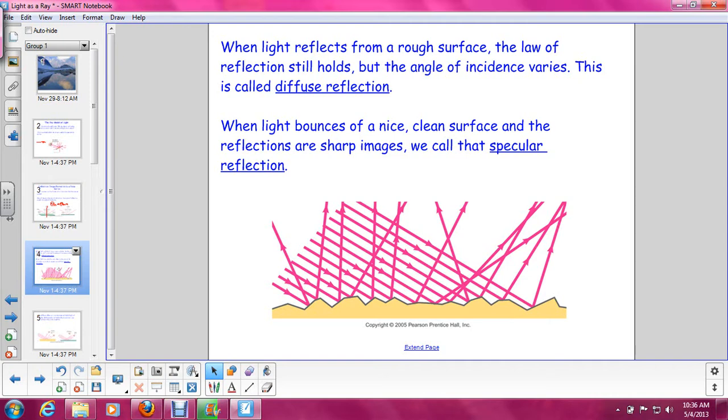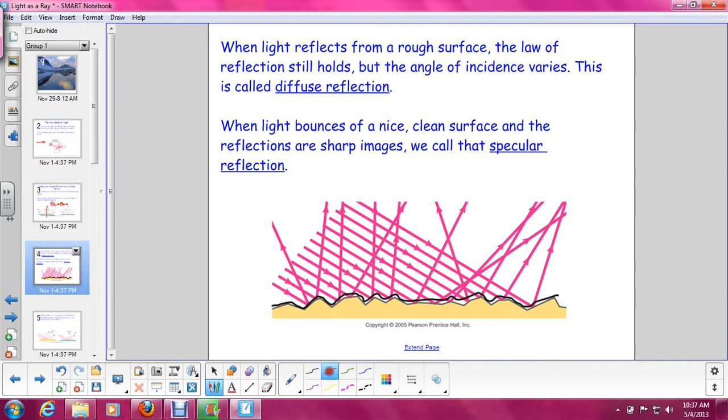So when light reflects from a rough surface, let's say the lab benches in the classroom, the law of reflection still holds, but the angle of incidence, or the angle it comes in at, varies. And this is called diffuse reflection. What happens is, on a molecular level, this surface is not very even. It's not very flat. It has a lot of bumps in it.